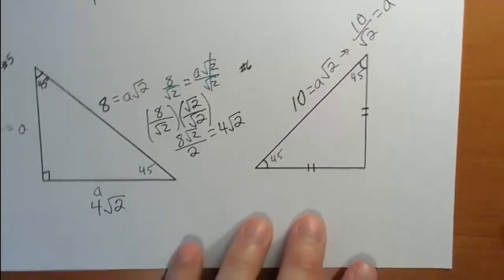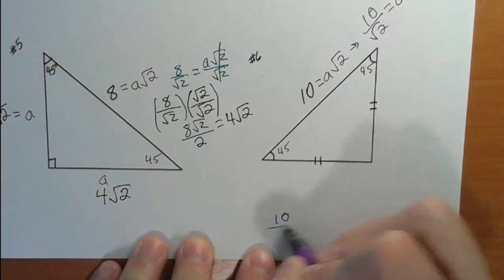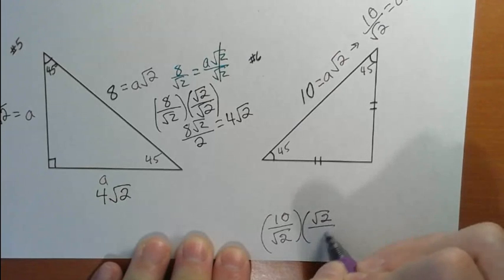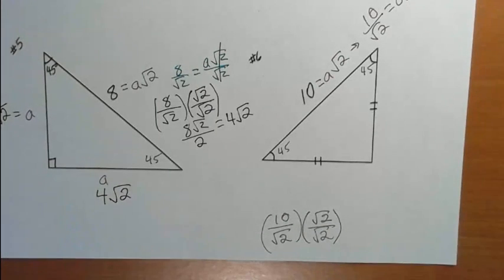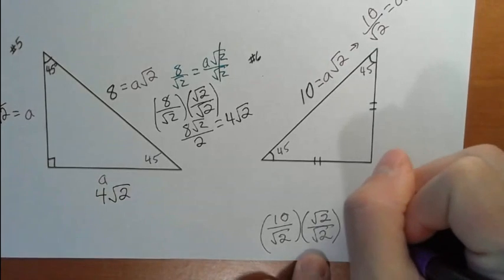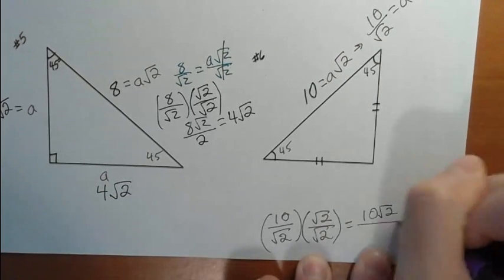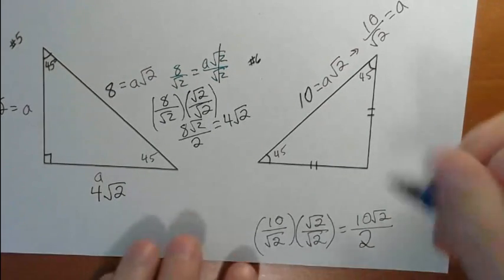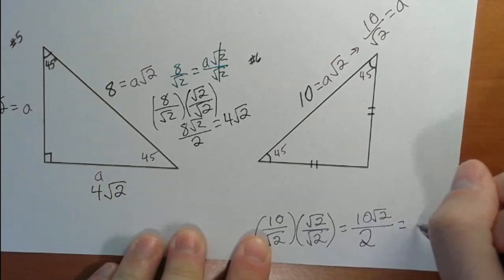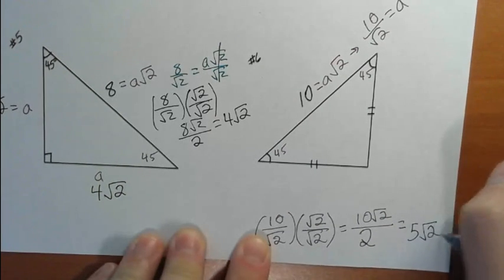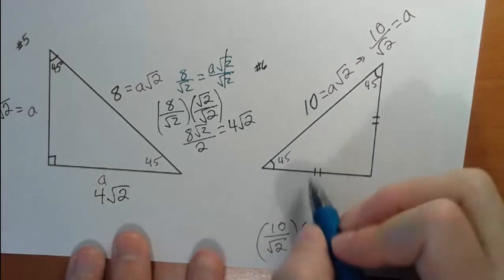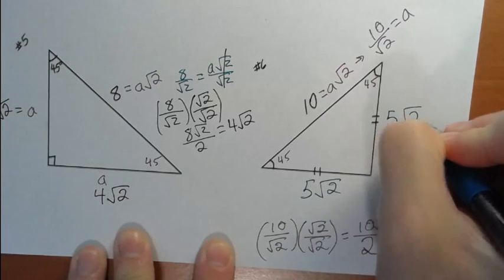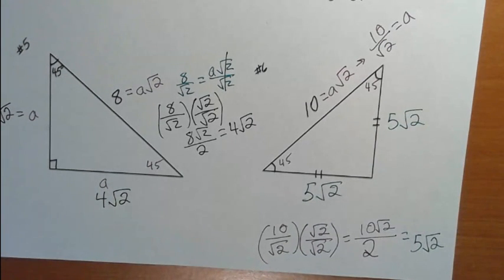So I've got to rationalize that like last time, multiplying by the square root of 2 on top and bottom. So I would have 10 root 2 over 2. That just requires me to divide 10 and 2 together to get that my a value is 5 times the square root of 2. And that would make my last side here and here my answers for the rest of this triangle.